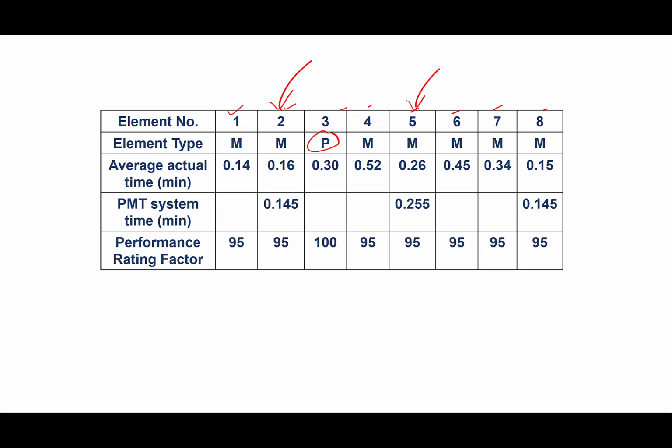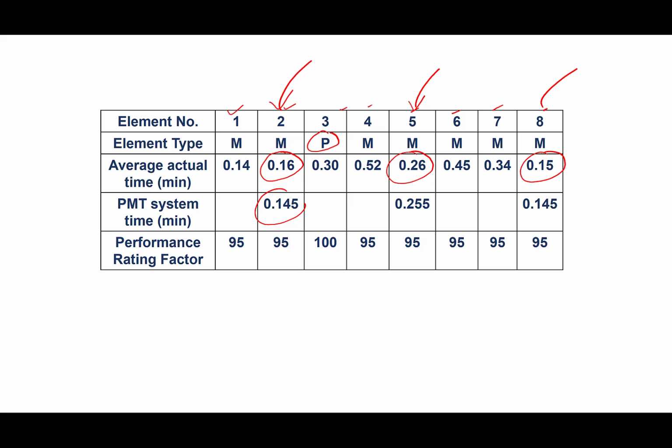So what we do, we select say 3 elements like this, 2, 5 and 8. This is the actual time being taken by the worker according to the time study for these 3.